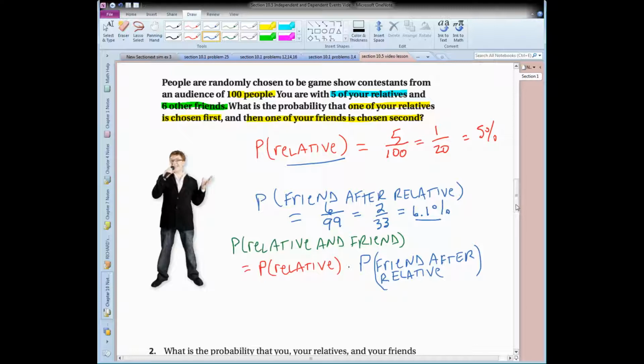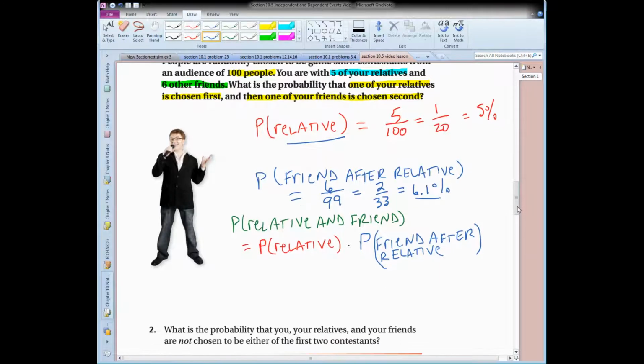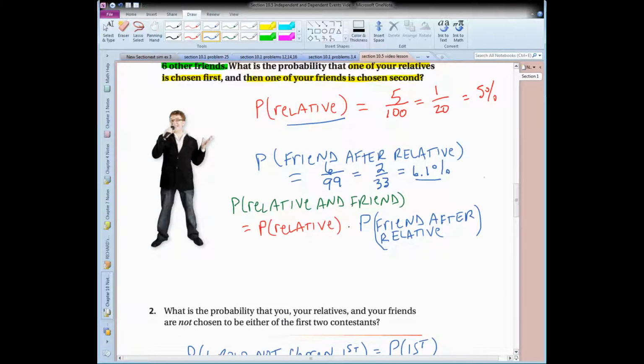All right, now find the probability of this compound event, that one of your relatives got chosen first, and then one of your friends got chosen second. All I do is take these probabilities and multiply them together. So I have 1 over 20 times 2 over 33.